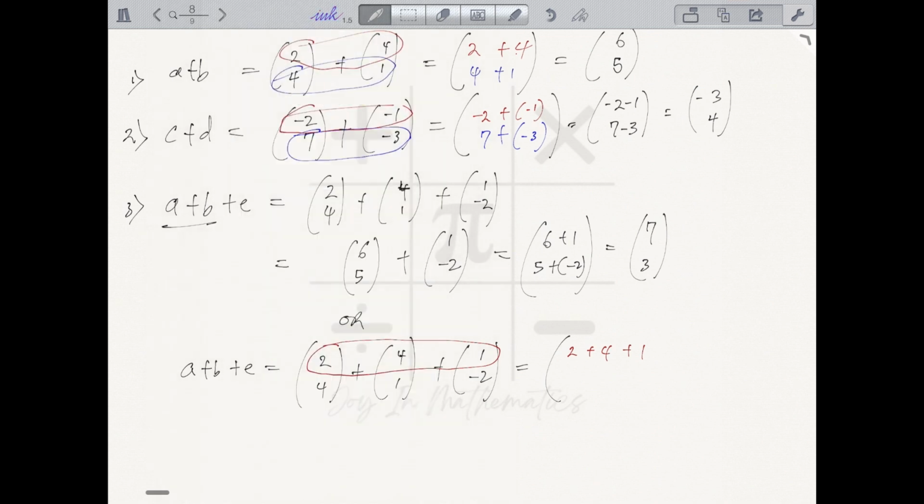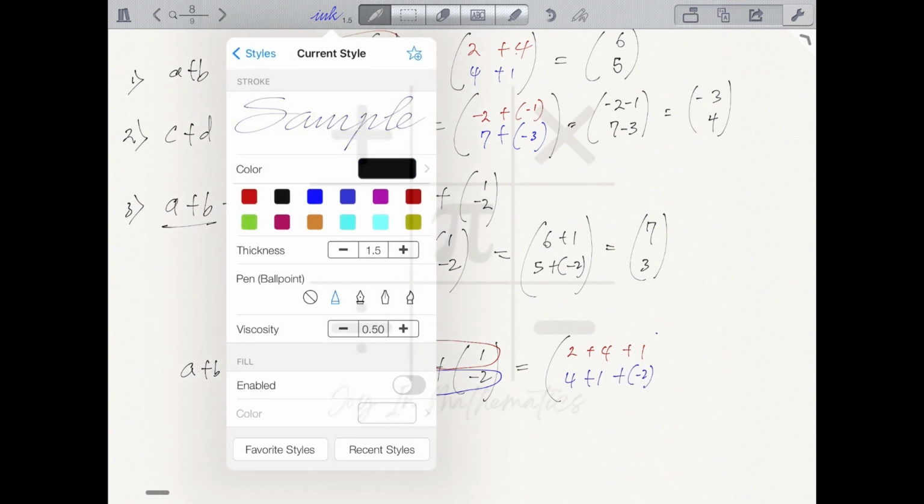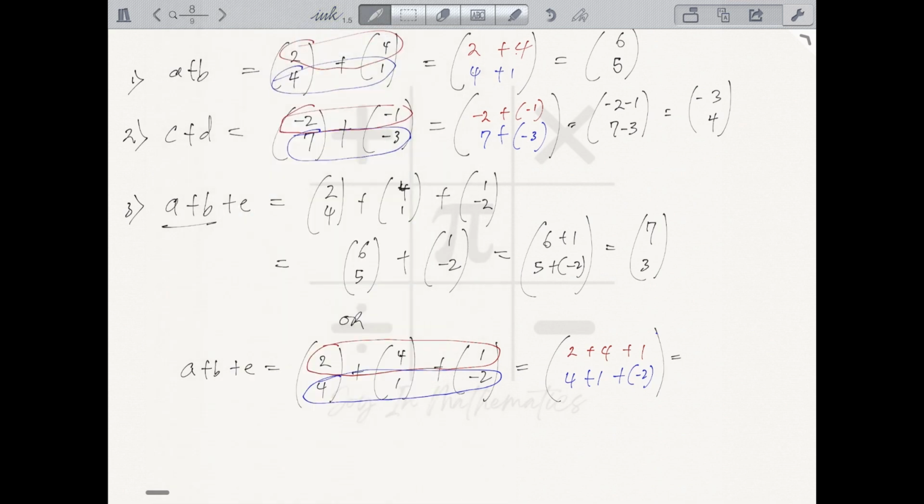We resolve the y component. That's 4 plus 1 plus -2. With that done, 2 plus 4 is 6, plus 1 will give us 7. 4 plus 1 is 5, plus -2 will give us 3. So we can see that this (7, 3) and the earlier result are equal.